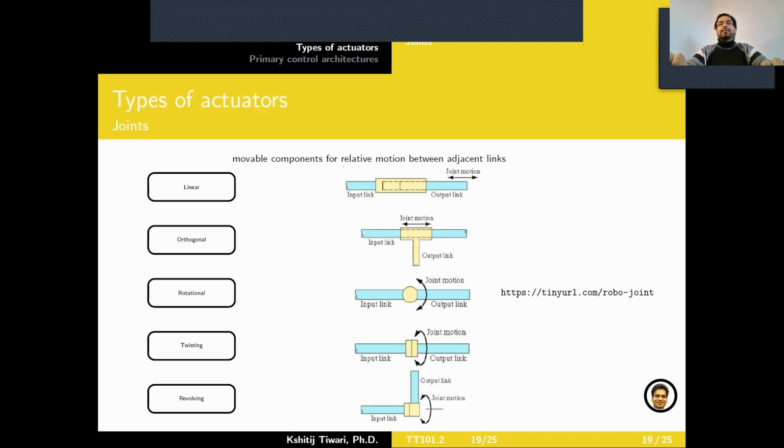Rotational is where the input and output axes of the links are collinear, but the axis of rotation is orthogonal to the collinear axis. Twisting, again, is where input-output links are collinear, but the axis of joint motion is parallel to them. So then you could twist. And then you have a revolving joint, which, as the name suggests, revolves.